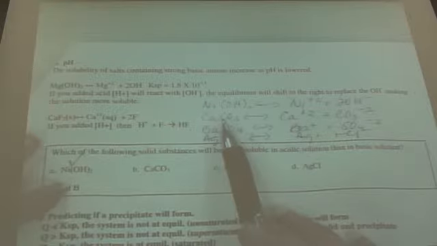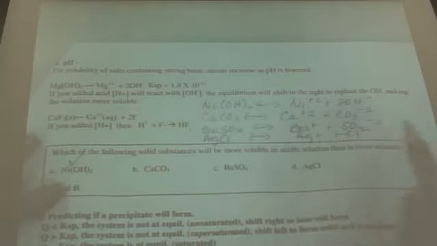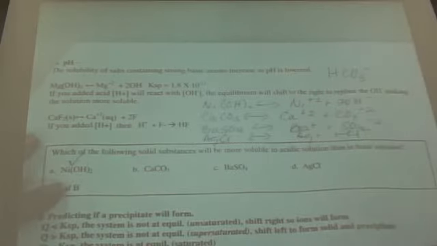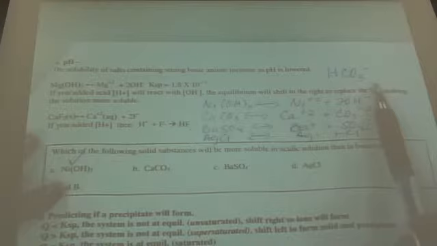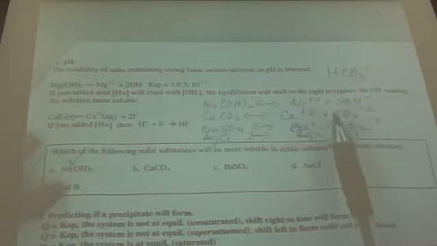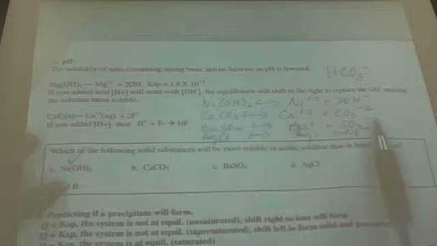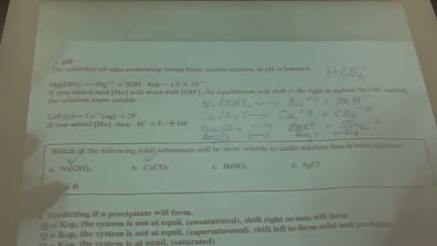If you added an acid, a proton to this, what would happen? It would form with the carbonate, making a weak acid. Will it dissociate? No, so it's taking this out of play, so equilibrium will shift to the right. What happens if you add a hydroxide?